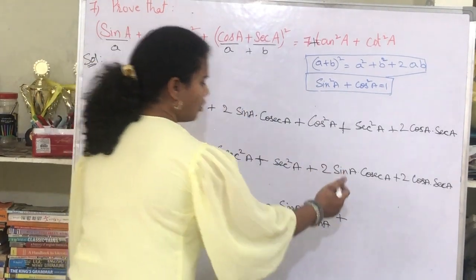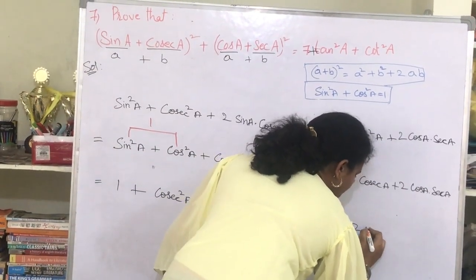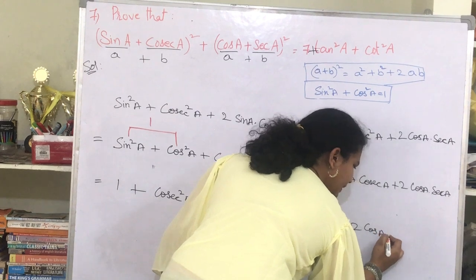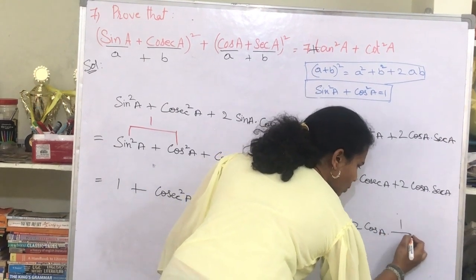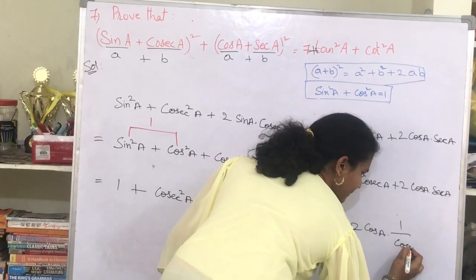And here you have 2 cos A into secant A, as secant A can be written as 1 by cos A.